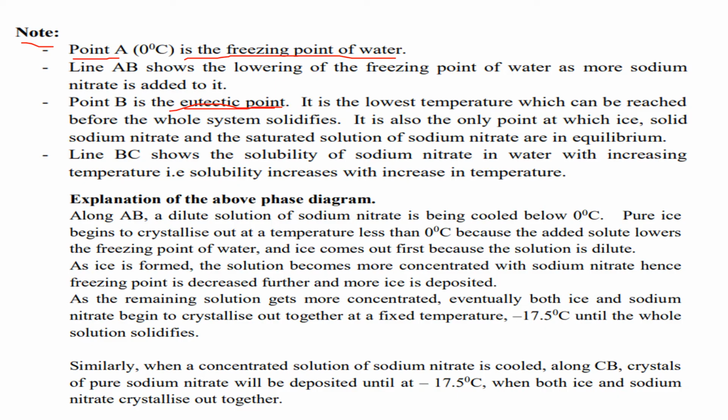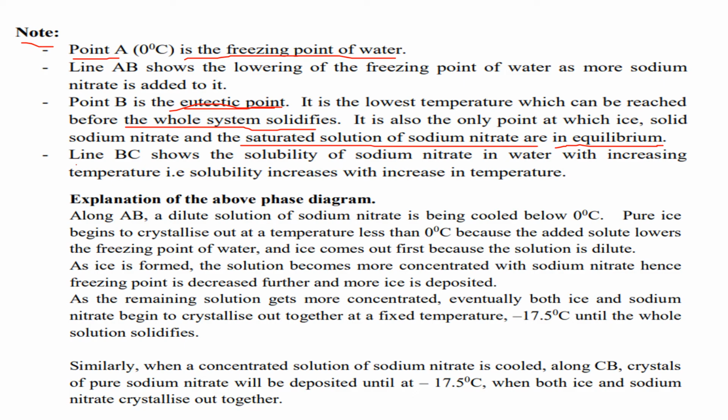And we are saying that it is the lowest temperature which can be reached before the whole system solidifies. Now we are saying that it is also the only point at which ice, solid sodium nitrate, and the saturated solution of sodium nitrate are in equilibrium.